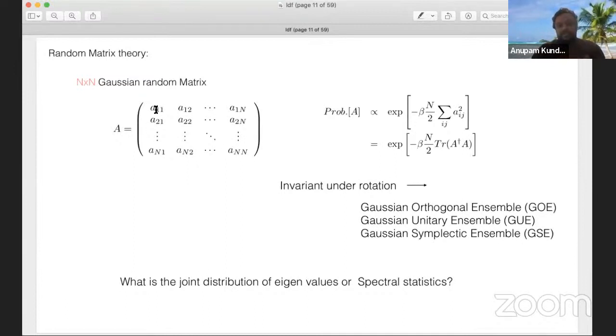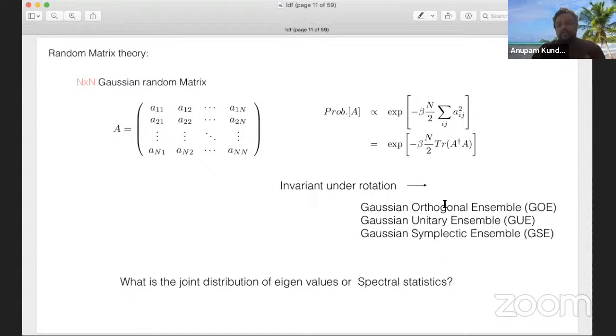The elements are random, chosen from a Gaussian, and their joint distribution can be written in this form, where in the exponential you have trace of A dagger A, A being the matrix, in such a way that this distribution is invariant under transformations on the matrix, and these transformations give rise to different ensembles.